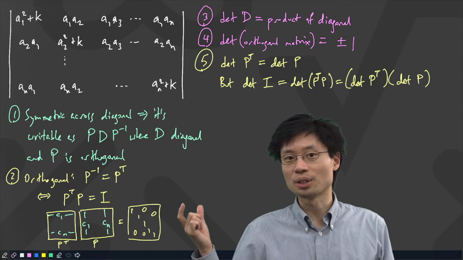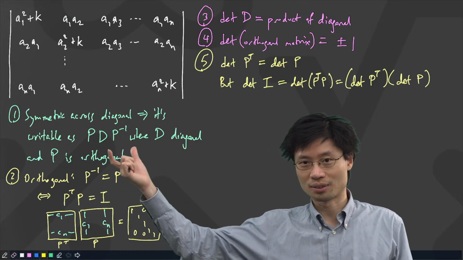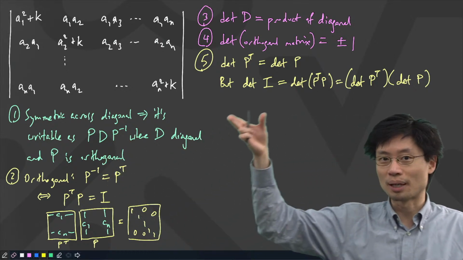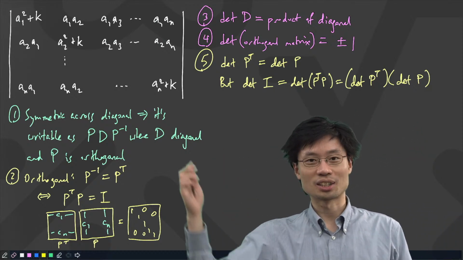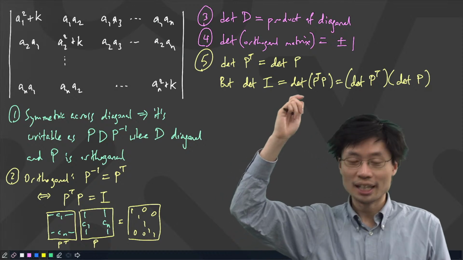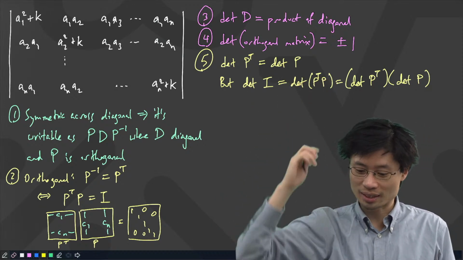So that's how we go from a sophisticated concept like an orthogonal matrix and break it apart into much simpler properties of determinants, such as if you transpose it, nothing happens, and if you take a product, it's the product of the determinants.